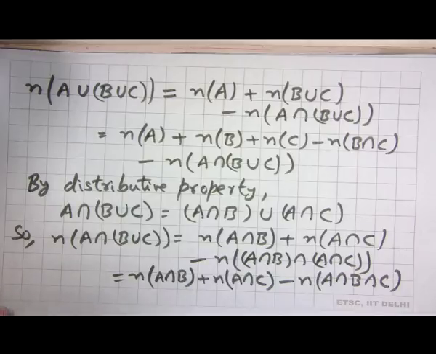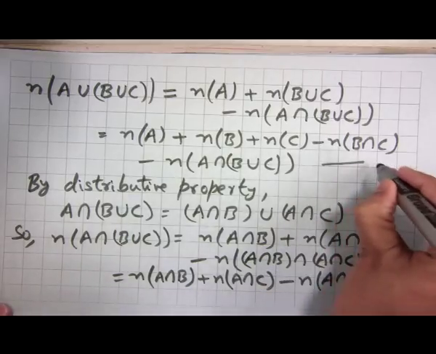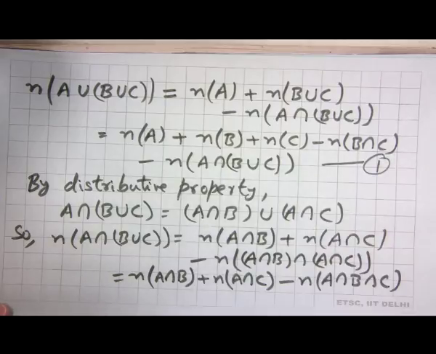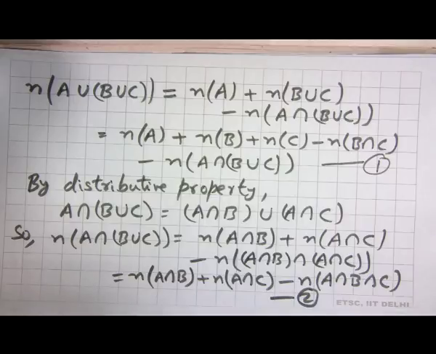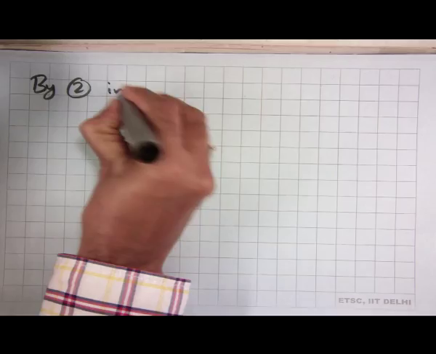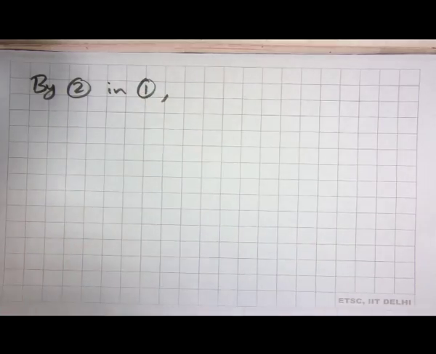So, we had this equation and then we have equation 2. So, if you put the value of n of A intersection B union C from equation 2 in equation 1, what do we get?